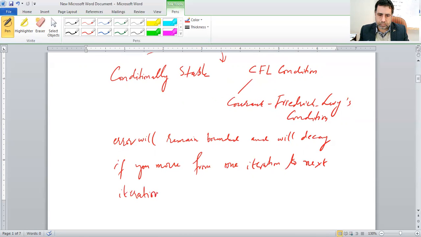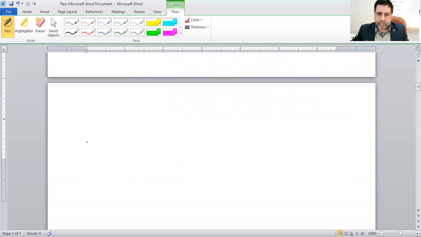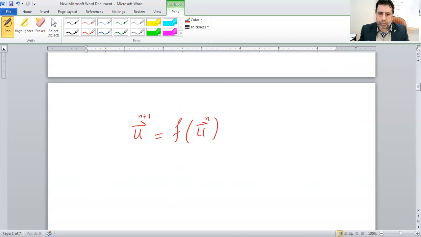So this is one meaning of stability. So this is an explicit scheme. Explicit schemes generally can be written as the solution at the new time being a function of the solution at the old time. So everything that you need is available.